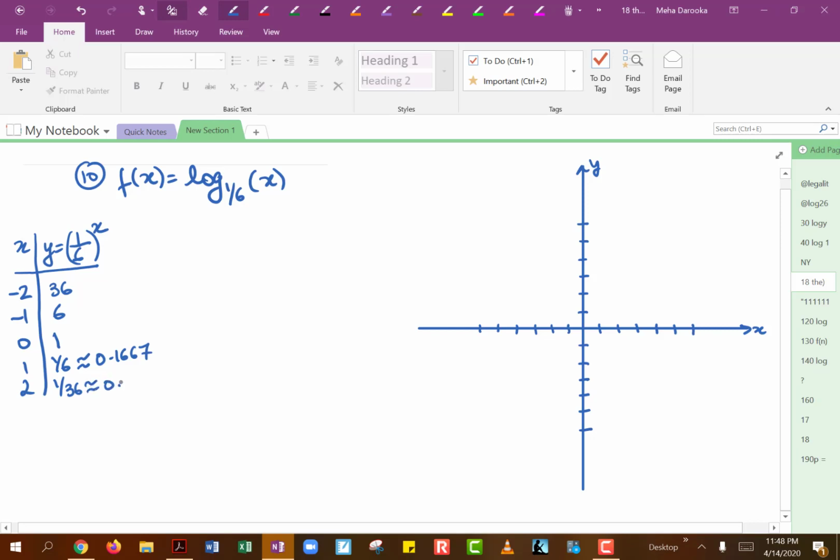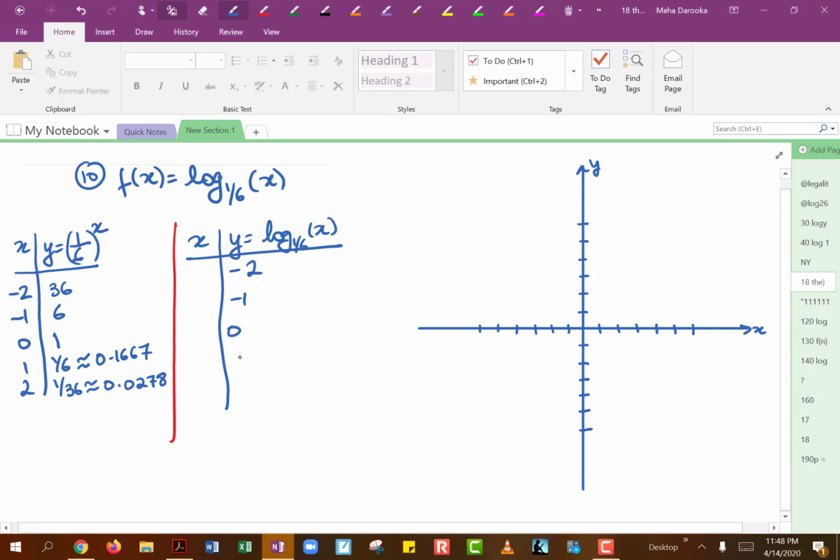To find our table for the logarithmic function, you just switch your x and y values here. So now these will be -2, -1, 0, 1, and 2, and these will be 36, 6, 1, 1/6 for this one, and 1 over 36 for this one.